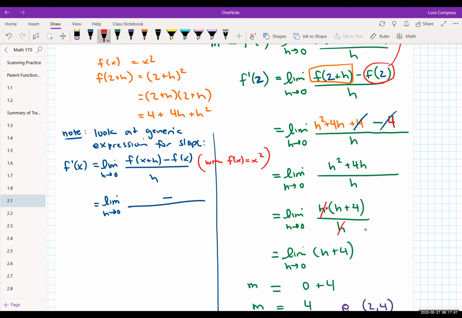So f of x is x squared. We would still need to calculate the component of f of x plus h. I'll leave that up to you. I know we played with it a little bit, but f of x plus h at this moment is (x plus h) squared. And then we're still all over h.